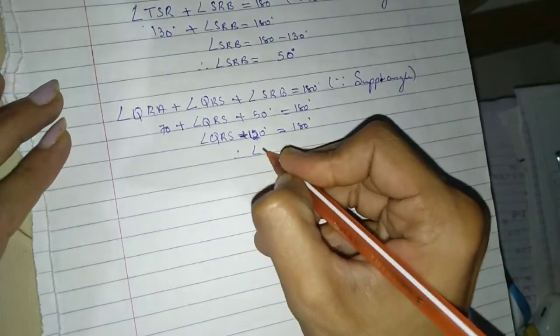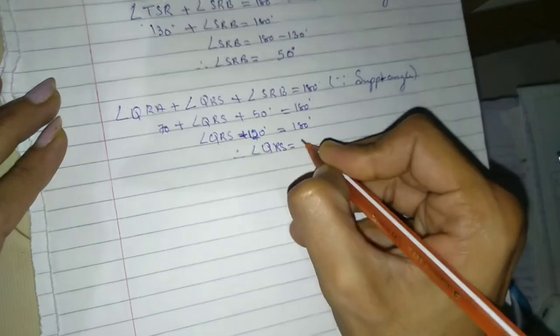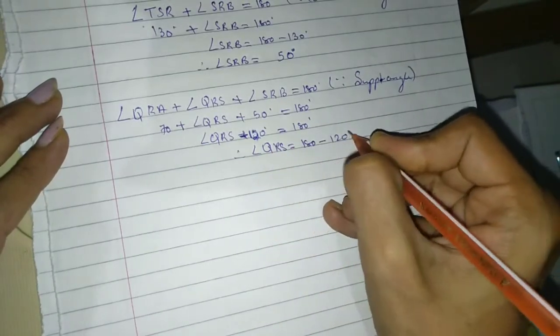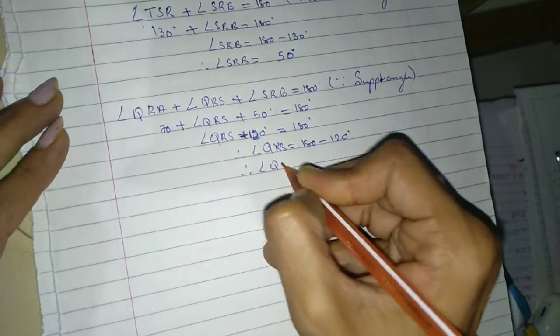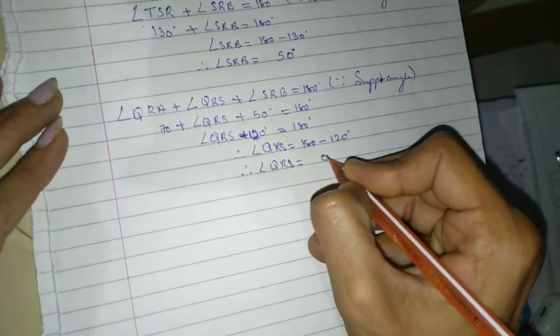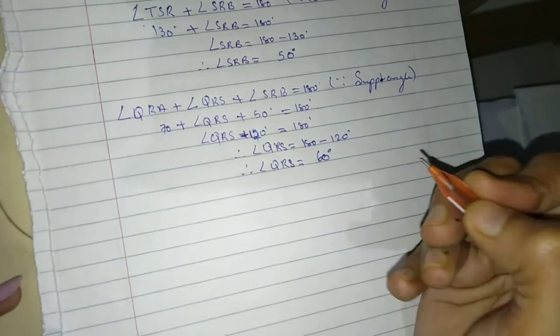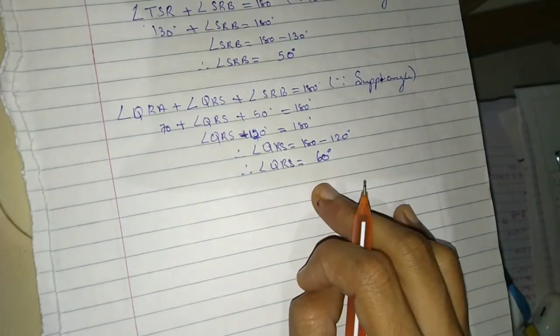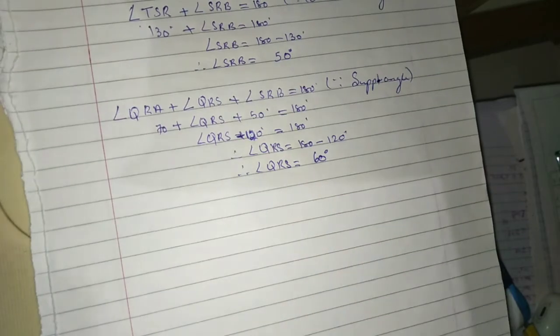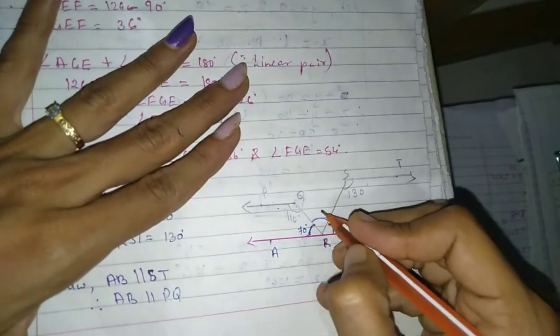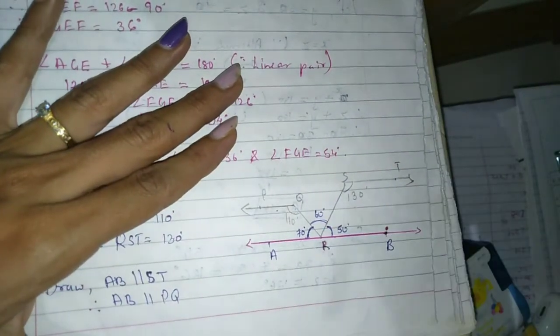So therefore angle QRS equal to 180 minus 120. Therefore angle QRS equal to 60. So angle QRS is 60 degree. So I am writing here 60 degree.